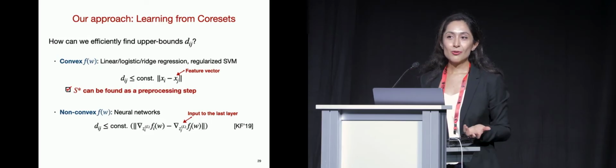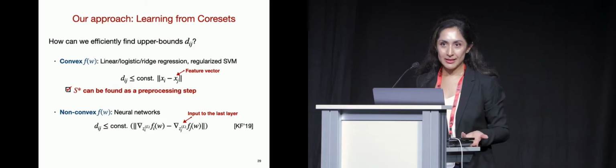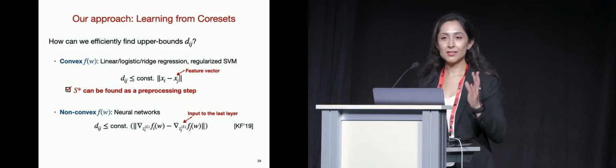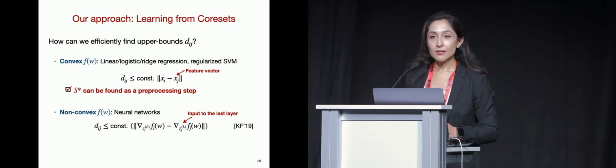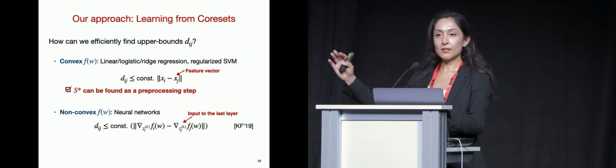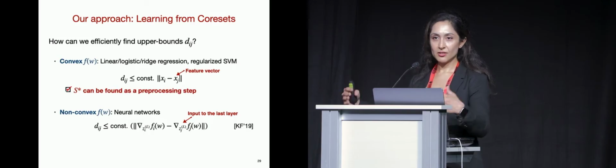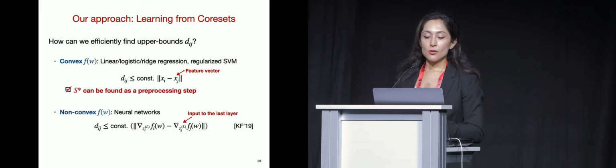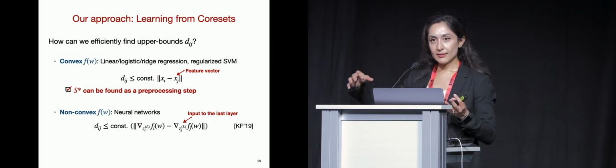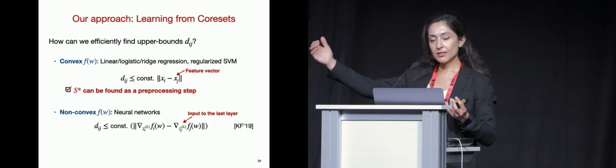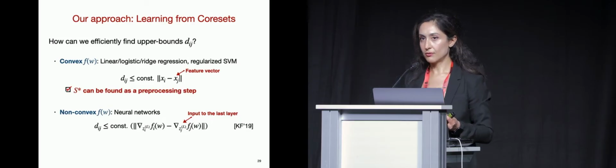How about neural networks, which we are more excited about these days? We don't have this nice property for neural networks. So what we can do is, instead of calculating the full gradient, which is not useful, there are some results showing that most of the variation in the gradients is captured by the gradient of the loss with respect to the last layer of the neural network, right?